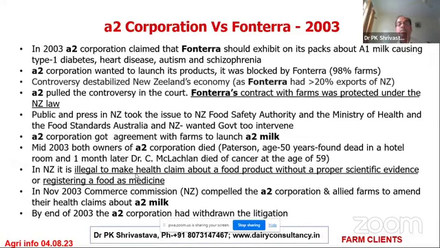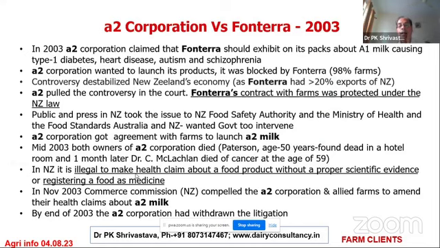In mid 2003, we see how it happens. The controversy goes so far. Both owners got so much under tension that one owner, Peter Patterson, age 50, was found dead in a hotel room, and one month later, the other owner died. There were only two owners.